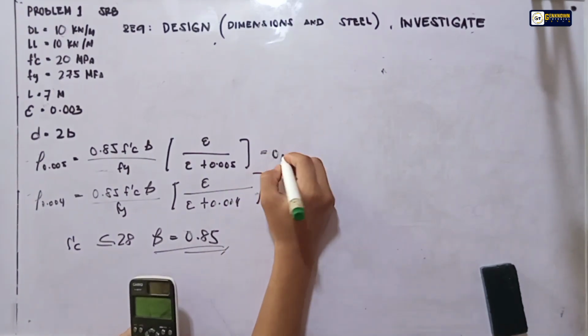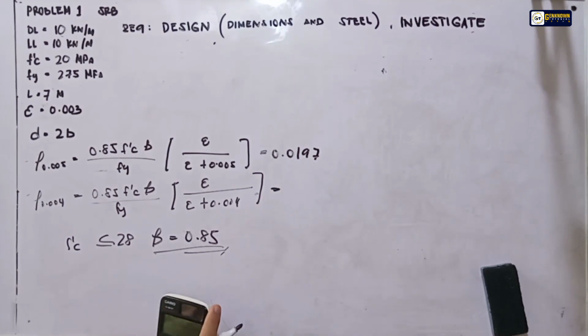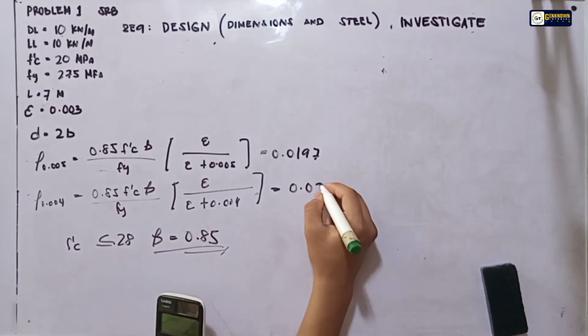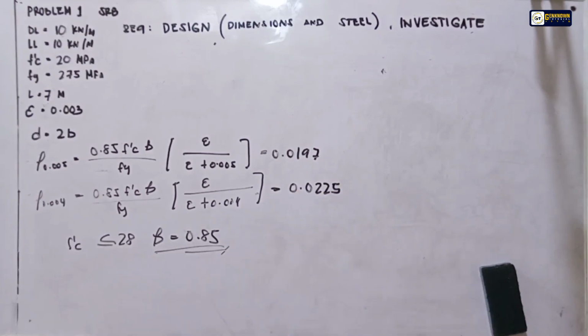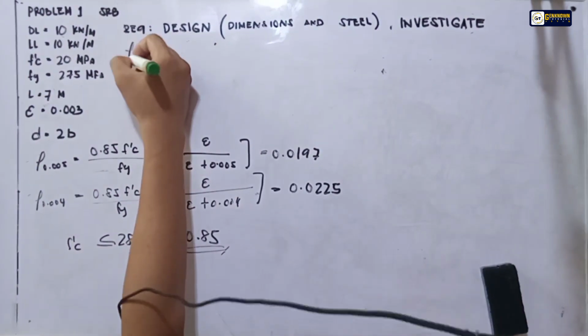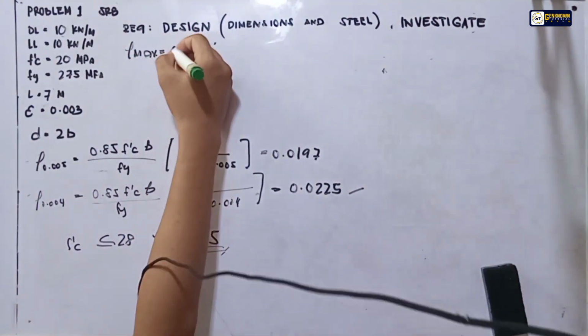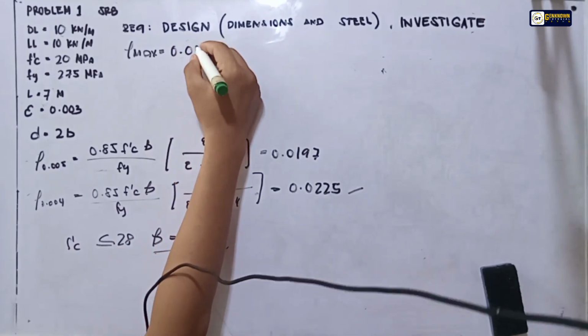So ito ay equal to 0.0197. And dito naman is equal to 0.0225. So, based dito, makikita natin na ang rho maximum natin is equal to 0.0225.